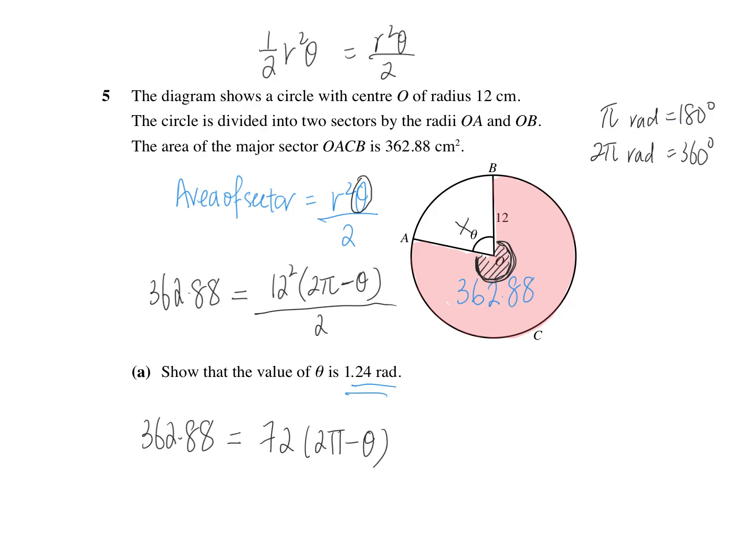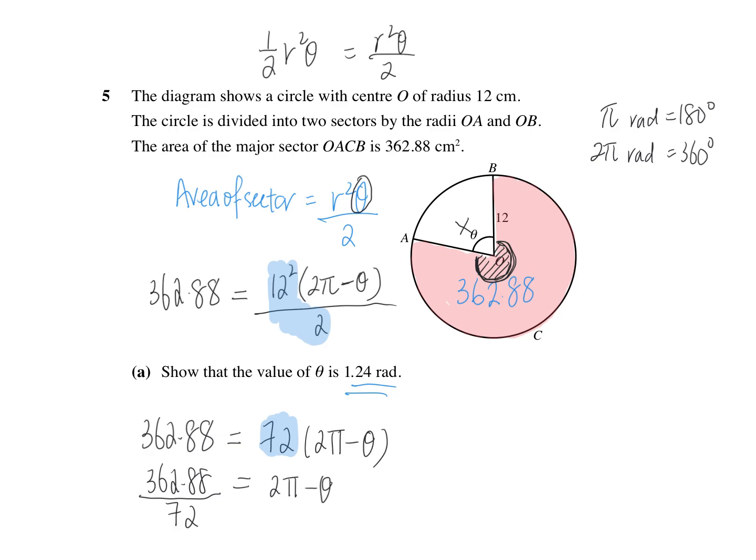So how to solve for the theta? I divide the 72 over first. Why 72? This one. Okay, you calculate the number first. We deal with it later lor.